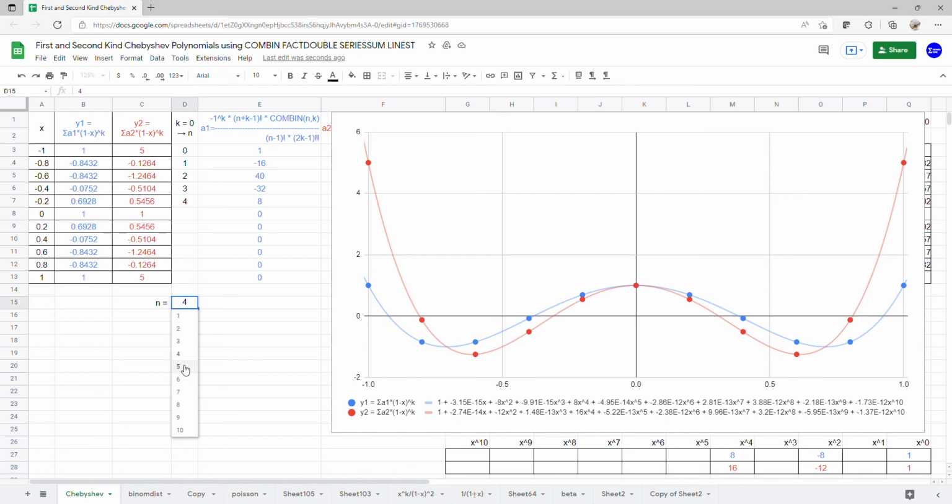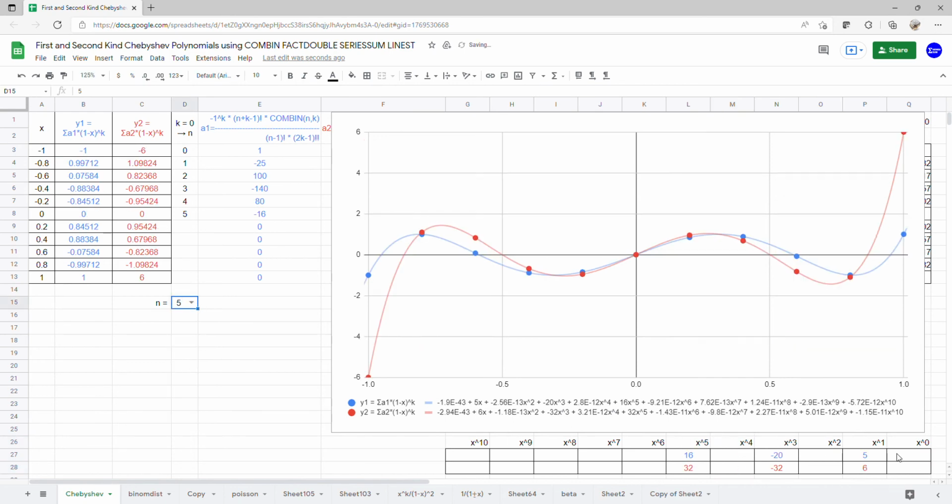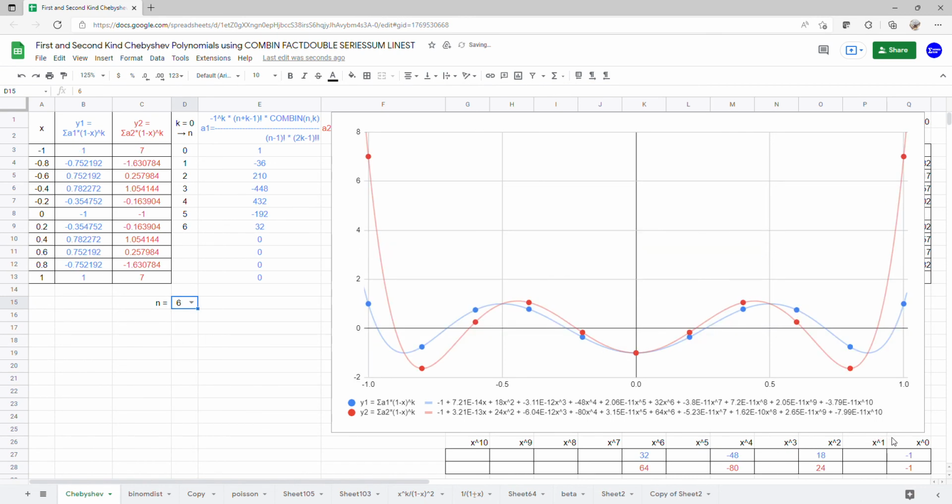N equals 5. That's x, 5 and 6, 5x and 6x. For x cubed, minus 20, minus 32. For x to the 5th, 16 and 32. N equals 6. Coefficient of x to the 0, negative 1. For x squared, 18, 24.